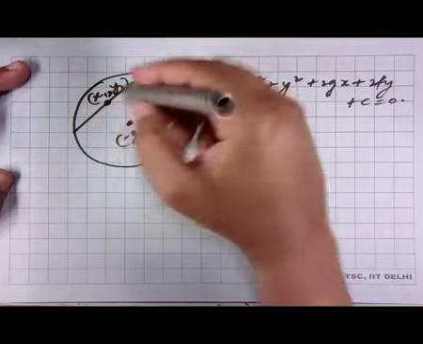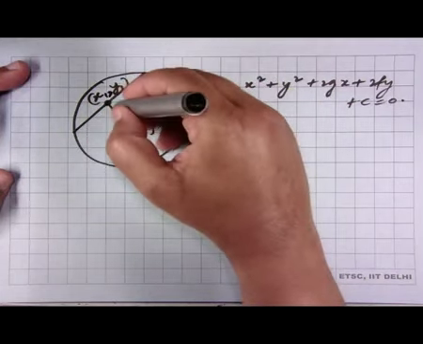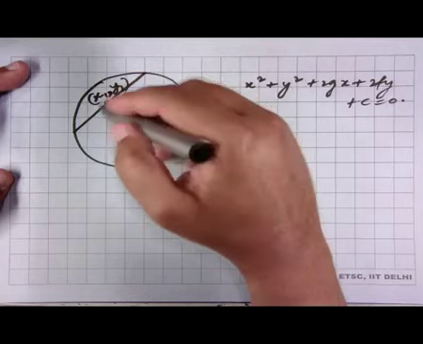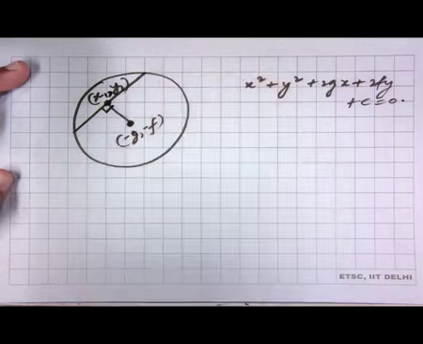So, clearly we know that if we join the midpoint of the chord to the center of the circle, then this angle is 90 degrees.